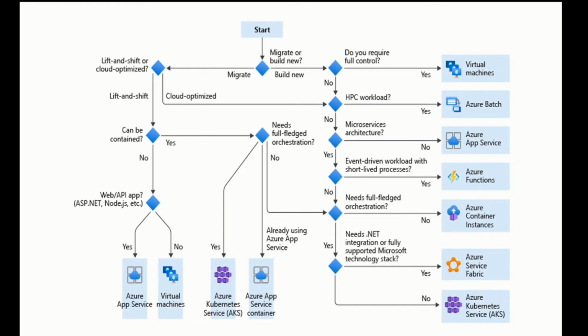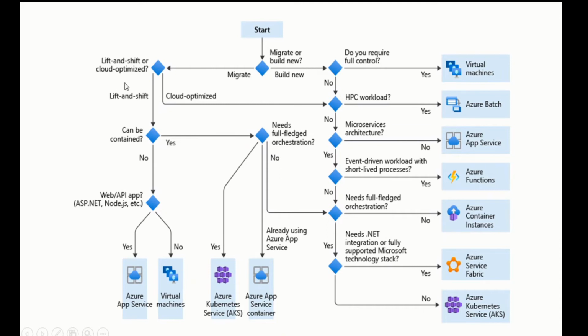But when you don't need a lot of control, you can lift and shift the application instead of the underlying operating system and move it towards an App Service, for example, the bottom one over here. Obviously, if you can't run it and you need that control, you will have to take a virtual machine.